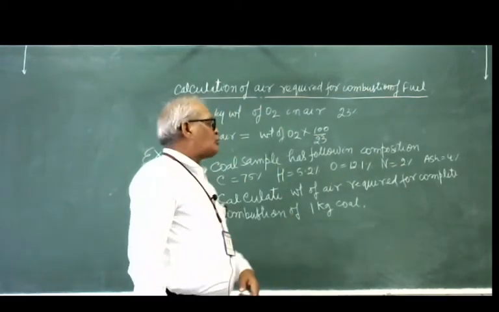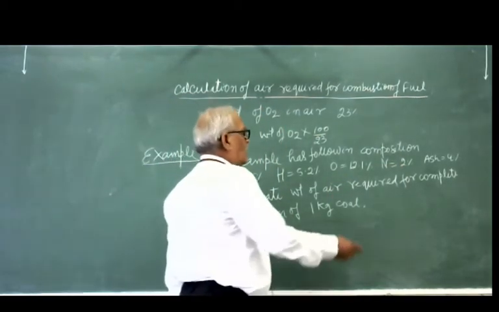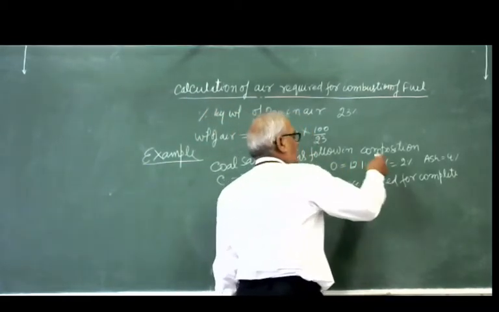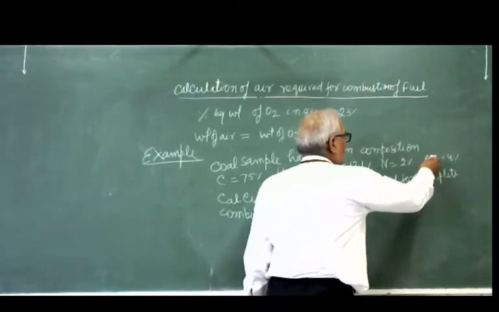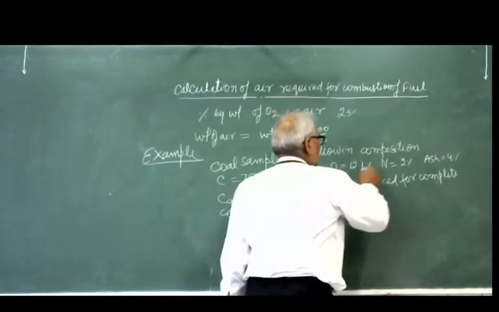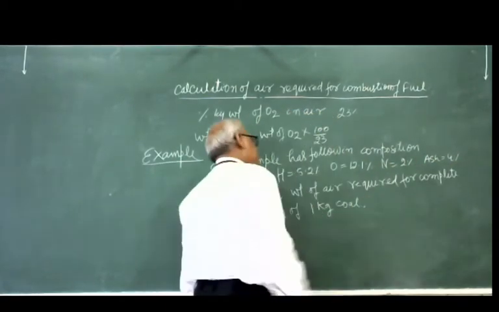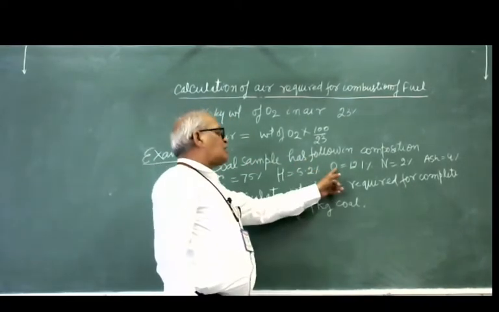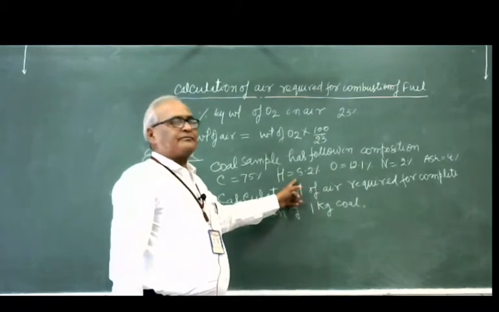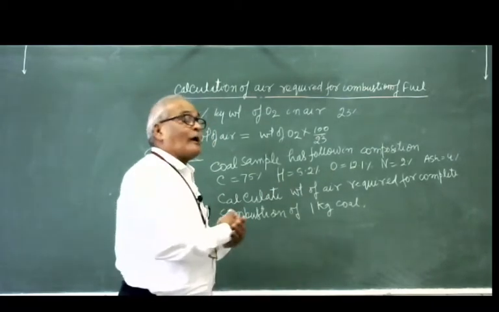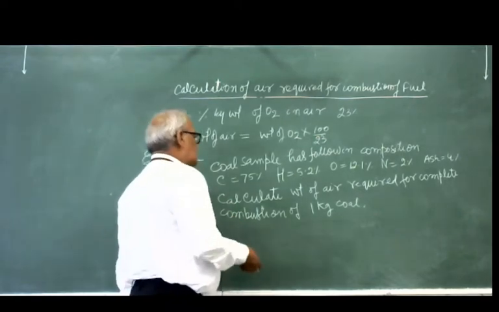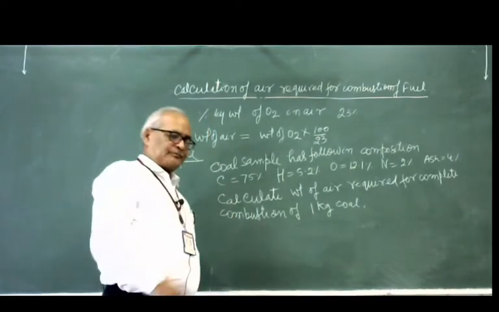One thing you have to remember that neither oxygen burns, nor nitrogen burns, nor ash. So we do not consider all this. But oxygen is required for the combustion. So what to do? You have to calculate. There are two methods.